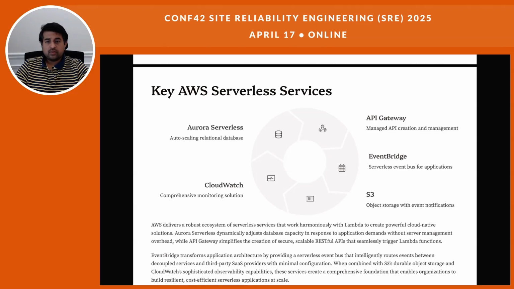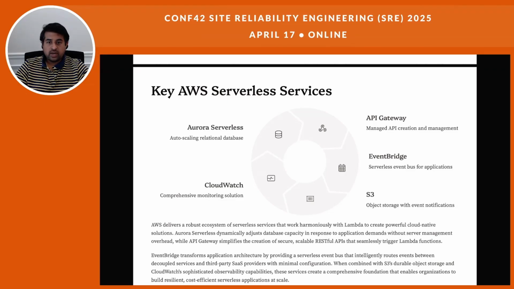CloudWatch offers sophisticated observability capabilities, providing monitoring, logging, and alerting for serverless applications. CloudWatch Logs allows for real-time log analysis, reducing troubleshooting time by 30 to 40%. CloudWatch alarms can automatically trigger Lambda functions or other AWS services in response to performance metrics, enabling automated remediation.